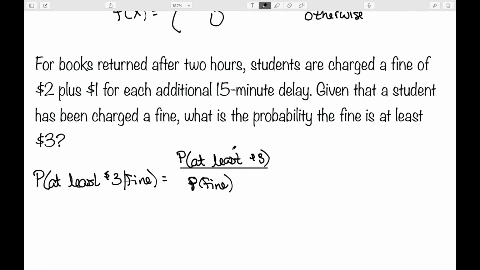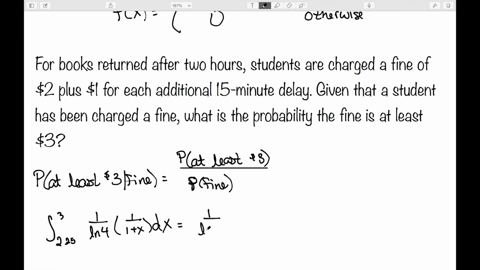So let's start with this top. To be an actual fine, well, we need $2 for it to be returned after 2 hours and $1 for each 15-minute delay. So it needs to be returned after 2 hours and 15 minutes. So that's going to be 2.25 to 3. My function was 1 over ln of 4 times 1 over 1 plus x dx.